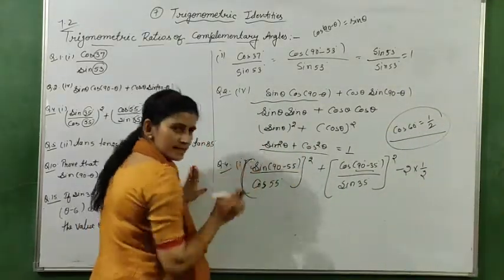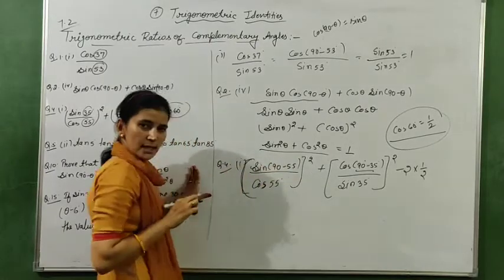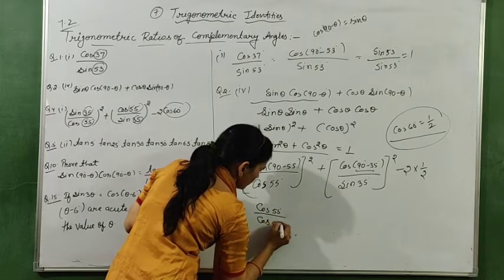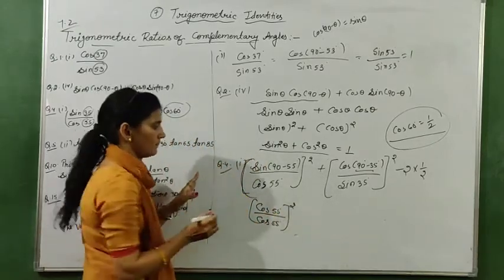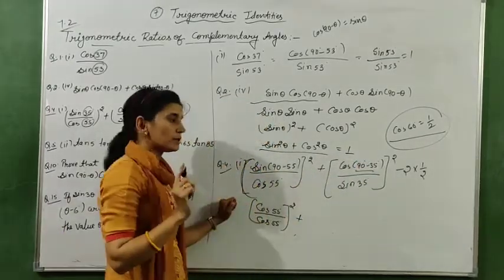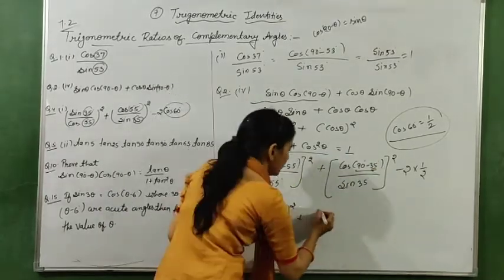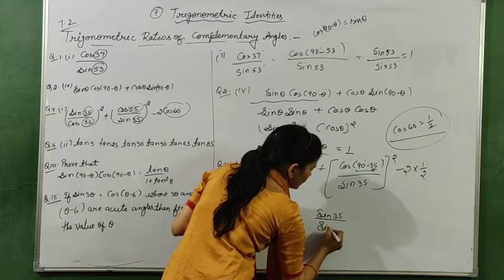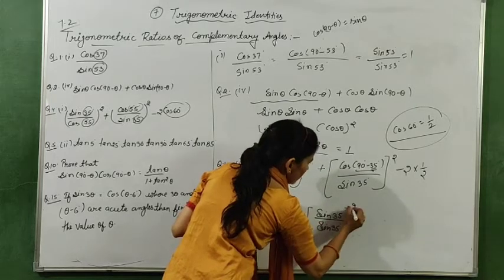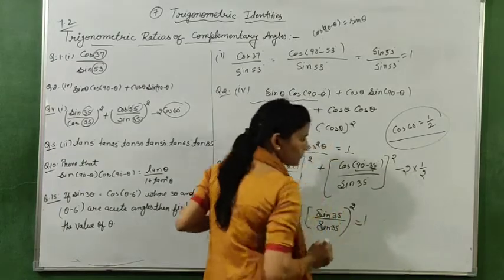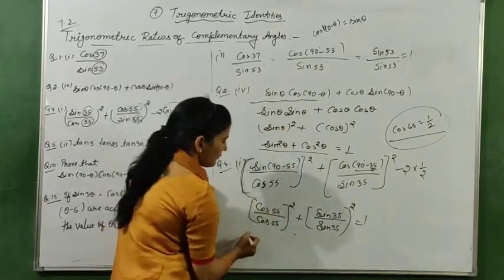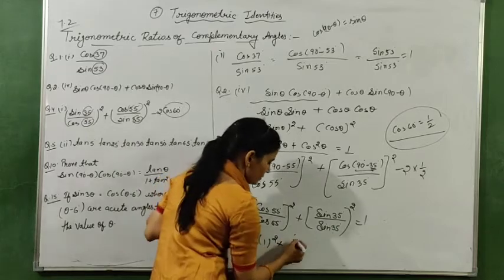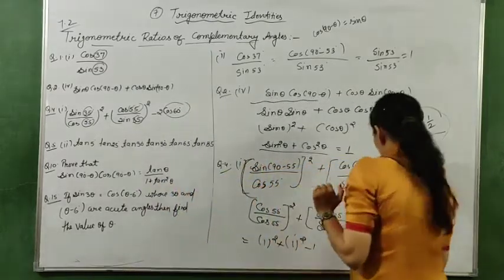Now sin (90 minus theta) is equal to cos theta. Here theta is 55 degree, so cos 55 degree upon cos 55 degree, whole square, plus cos (90 minus theta) is equal to sin theta, and here theta is 35 degree, then cos (90 minus 35) degree is equal to sin 35 degree, upon sin 35 degree, whole square, minus 2 into 1 by 2, which is 1.